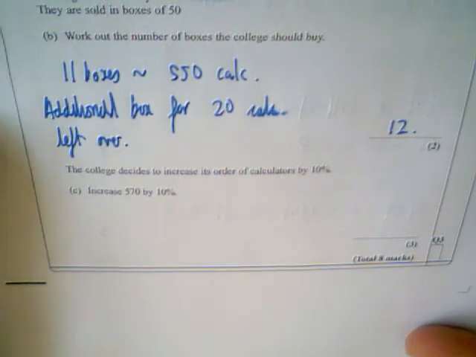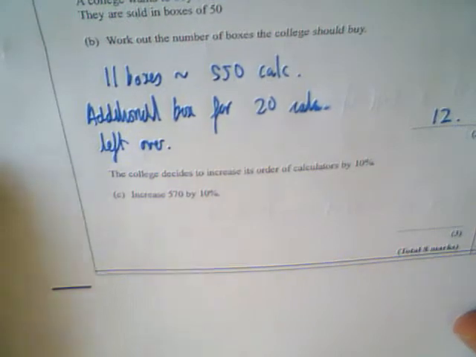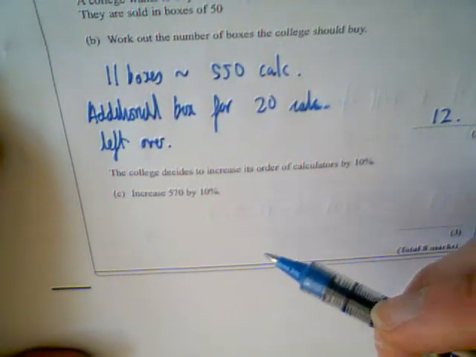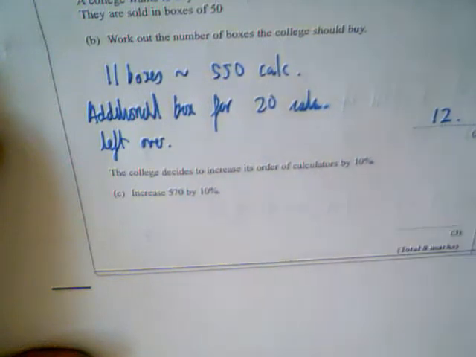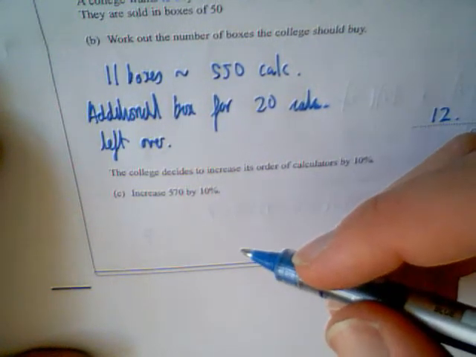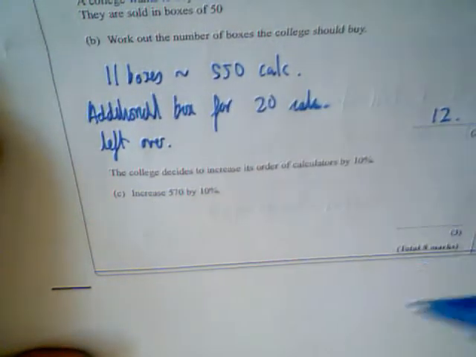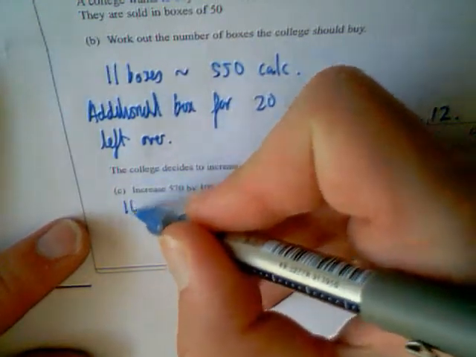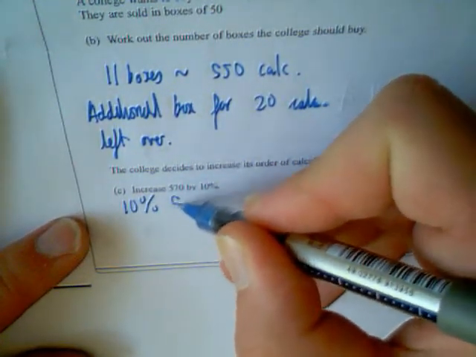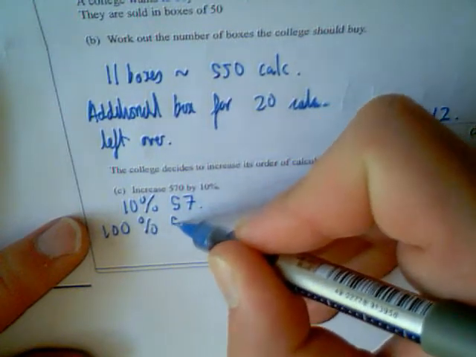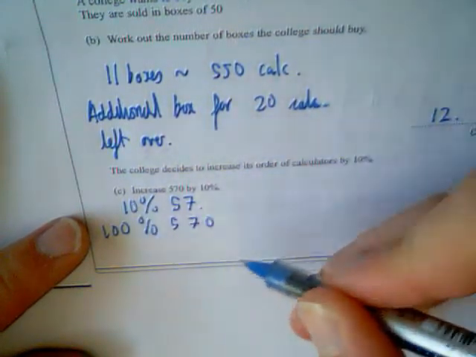And then it says the college decides to increase its order of calculators by 10%. Increase 570 by 10%. So this is asking for 110% of 570. All you need to do here is calculate what 10% is and then add this on to the 570. So 10% is 57. 100% is obviously 570, and so we just add these two together.